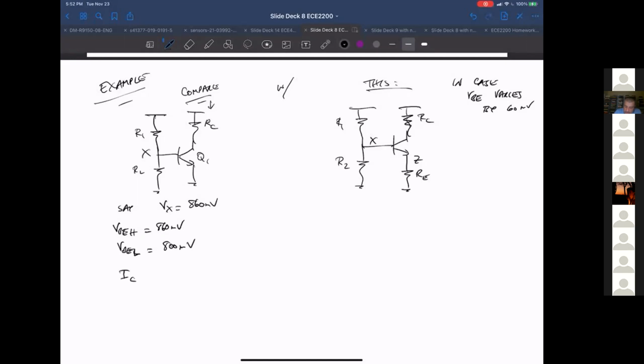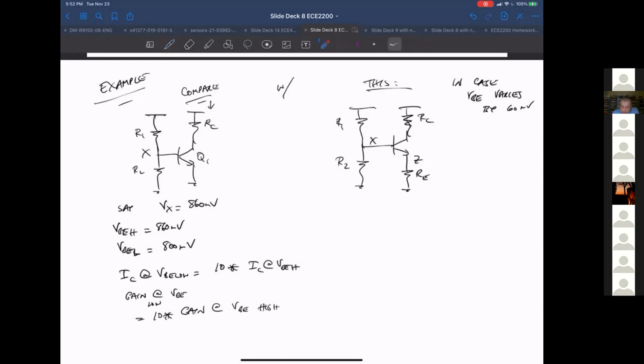So I sub C at VBE low is 10 times I sub C at VBE high, which means gain at VBE low is 10x higher than gain at VBE high.